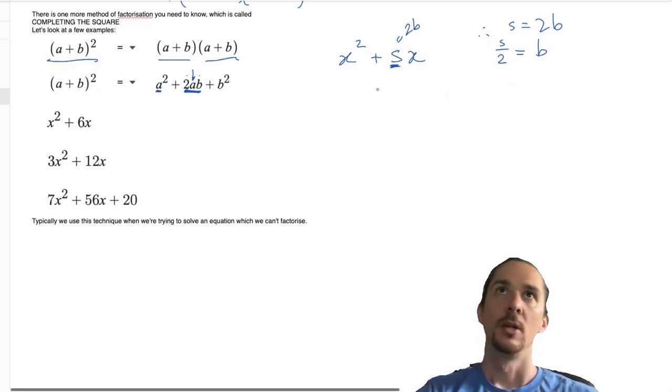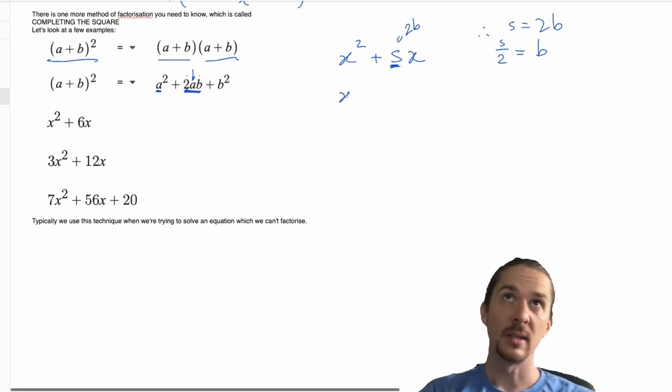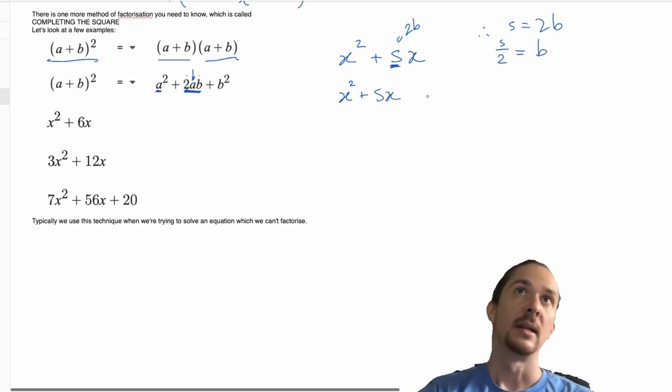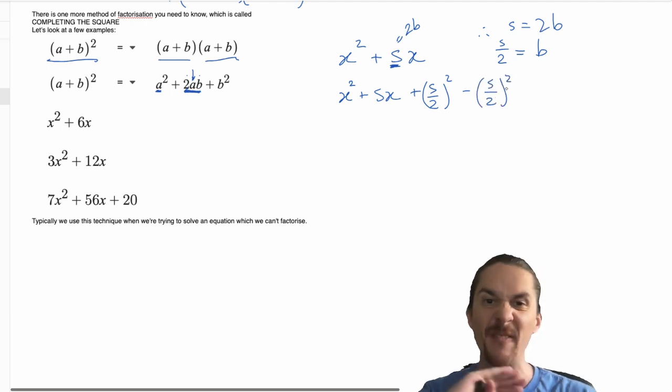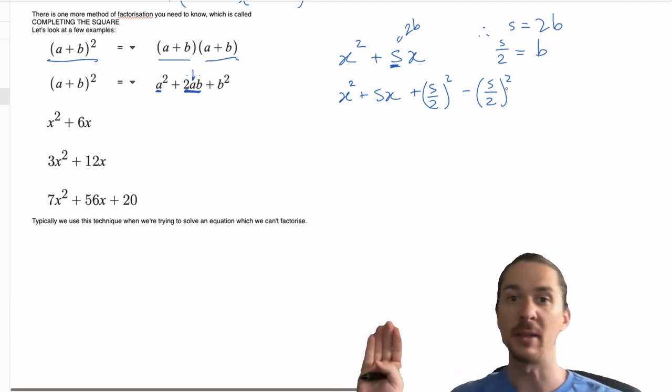Okay, so to complete the square, we're going to say this is x squared plus sx. Then we're going to add something and subtract something. We're going to say (s/2) squared, and then we're going to minus (s/2) squared. This is a filthy, disgusting, sneaky mathematician's trick.